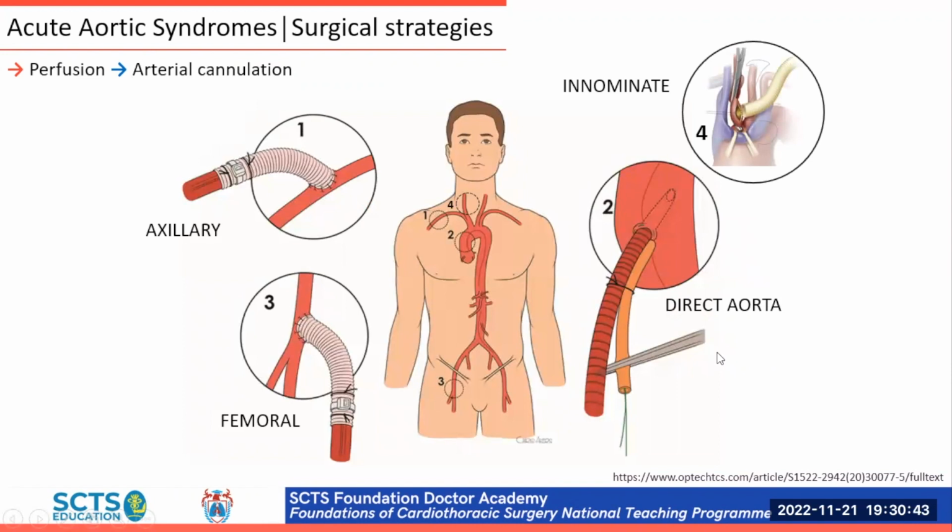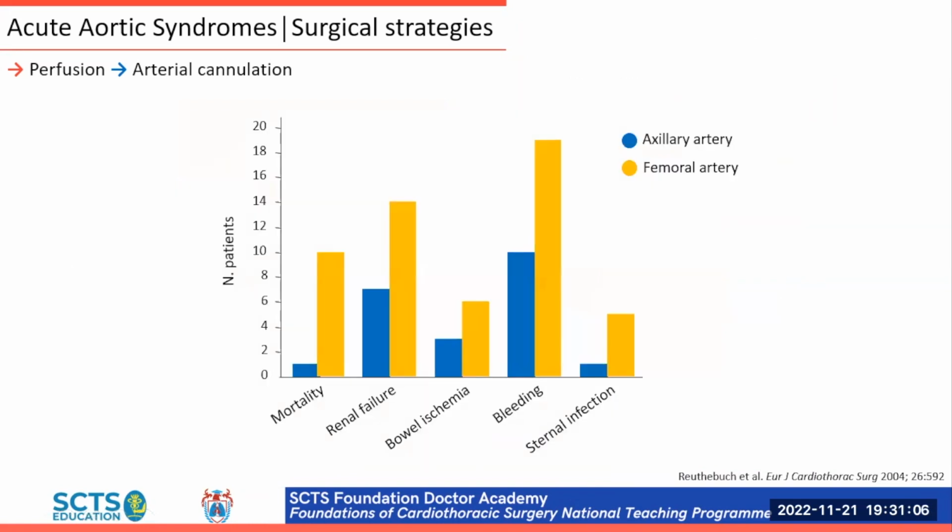In terms of arterial cannulation, the discussion is a little bit more complex. The one recommended by the guidelines is the axillary artery. I will also add the innominate artery. Another site of cannulation is the femoral, or now some groups perform a direct cannulation of the aorta under TOE guidance.